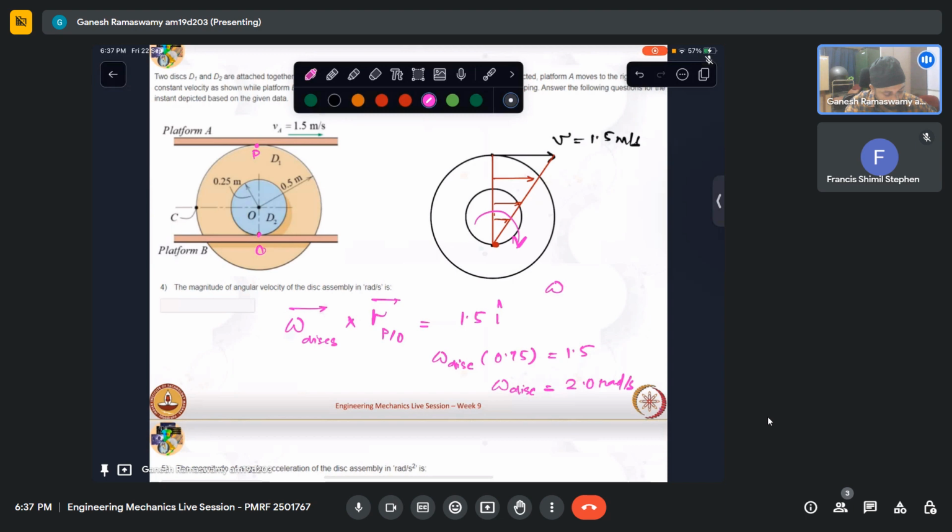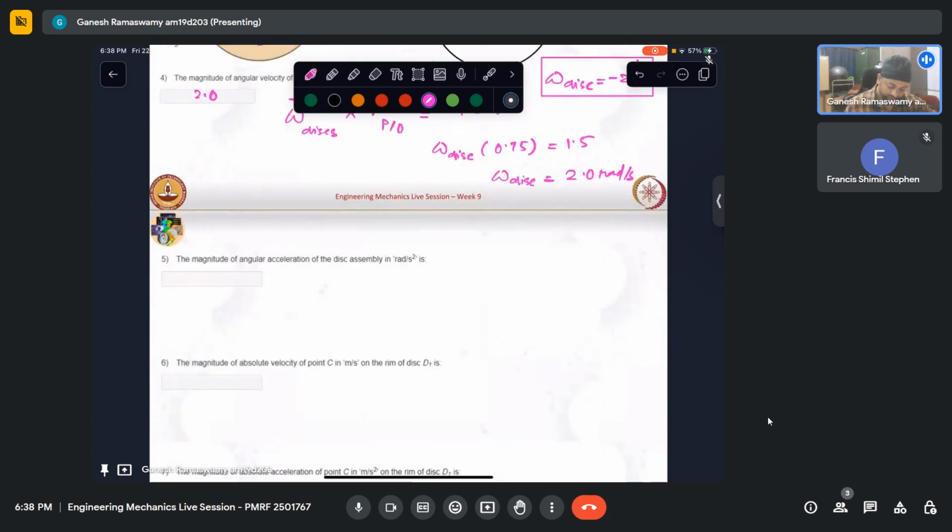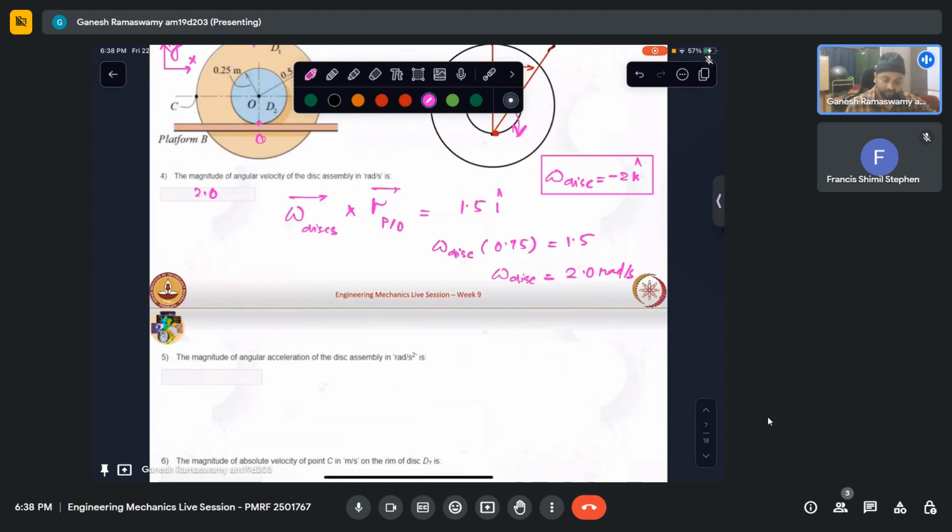And in the vector form, if I take my axes like that, if this is x, this is y, then omega disk is minus 2 k cap. Since the magnitude is asked, this is 2 radians per second. Okay, so now the next question asked is the magnitude of angular acceleration of the disk assembly in radians per second.